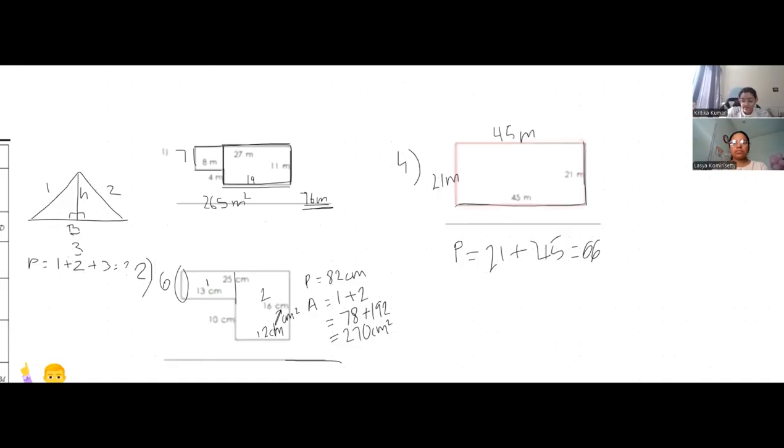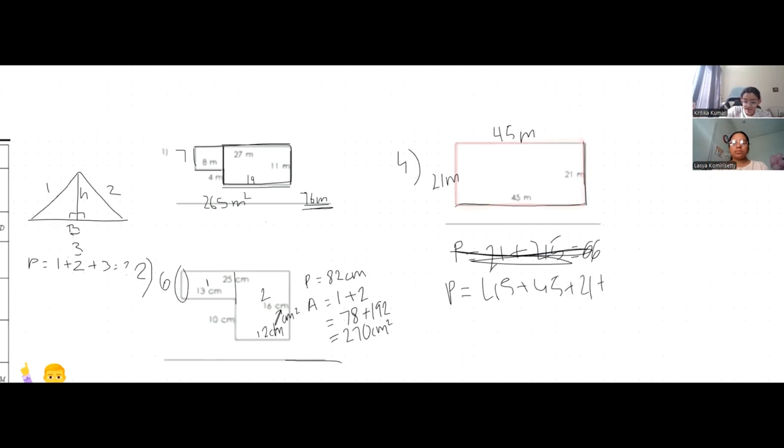Now there are 2 ways you can do this. Let me cross this out. The first way is you could just add everything up: 45 plus 45 plus 21 plus 21.